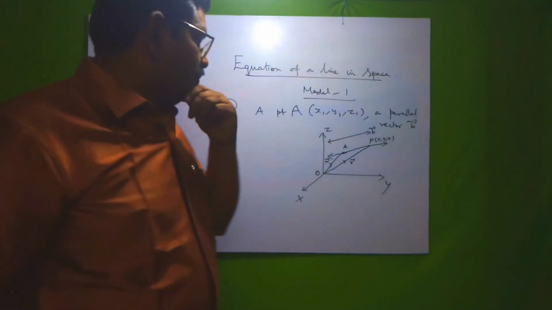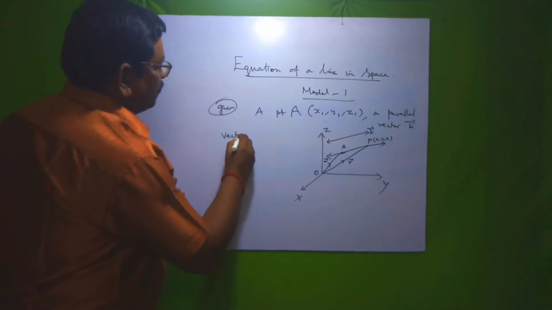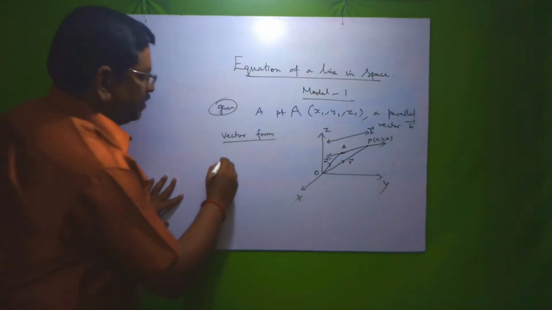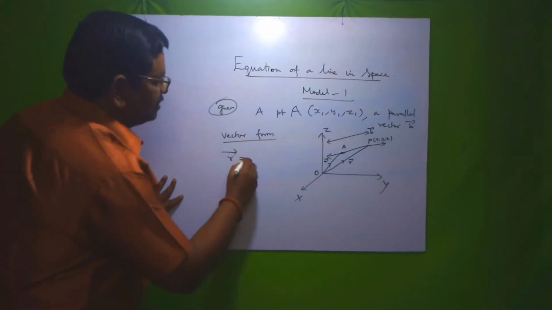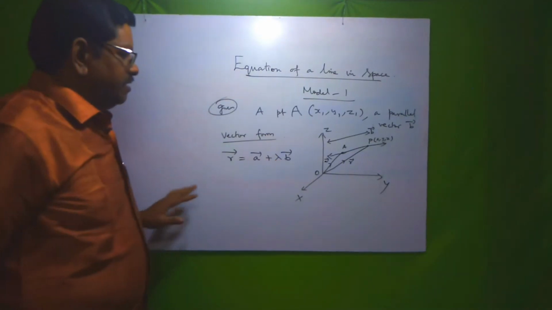Okay, now let us take the vector form, that is R vector is equal to A vector plus lambda B vector.